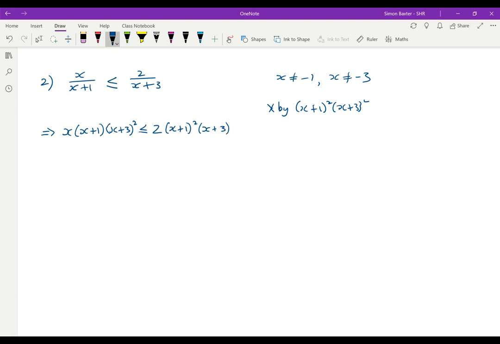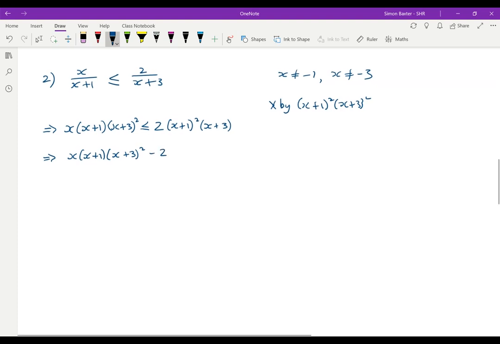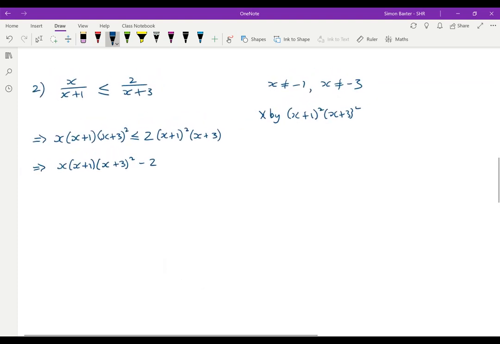Only a fool would multiply that out. So we need to subtract everything from the right-hand side. Oh, it's all moving around. Less than or equal to 0.